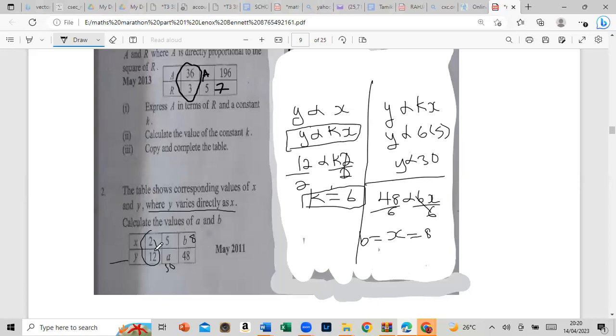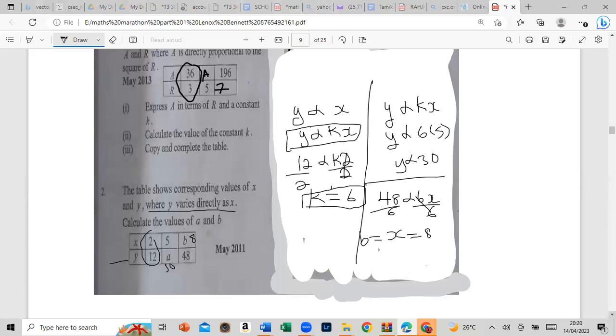So you can see it's 2, 6, 12, 5, 6, 30, 6, 8, 48. All right. So guys, once you can find the constant, then you just put everything back in the master equation.